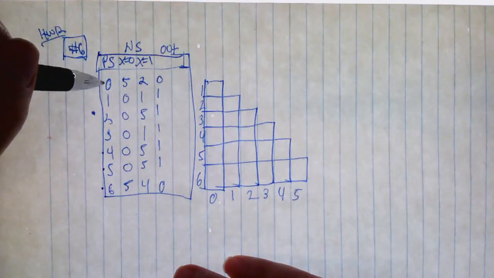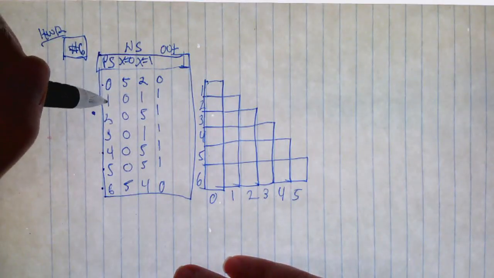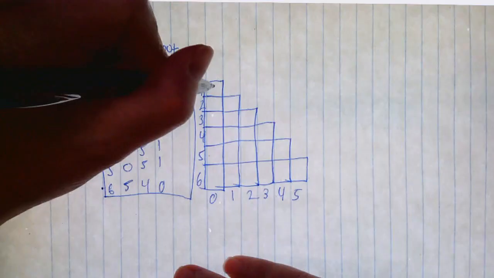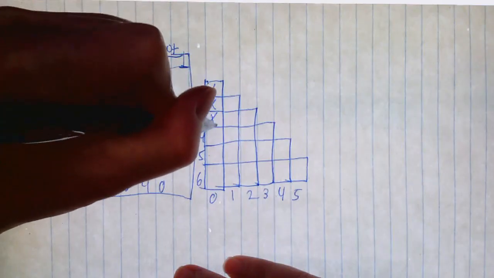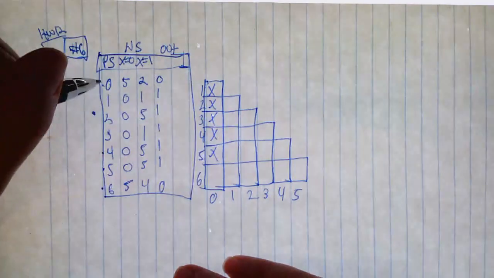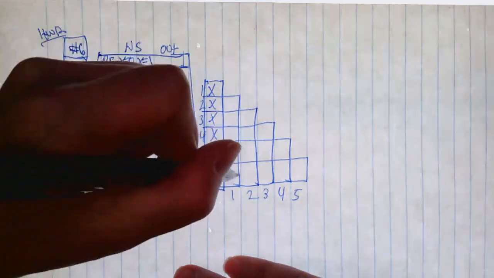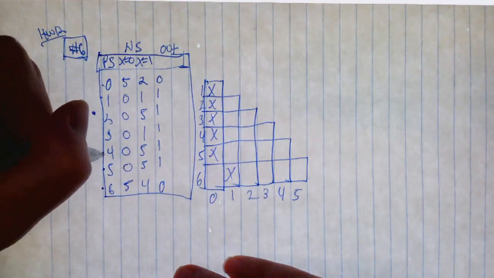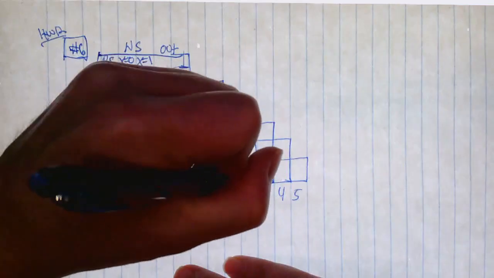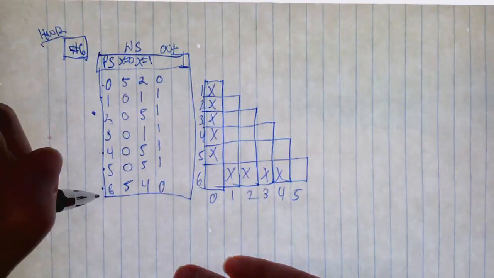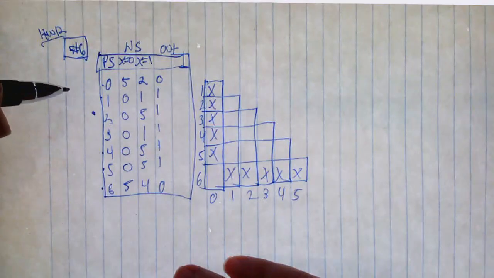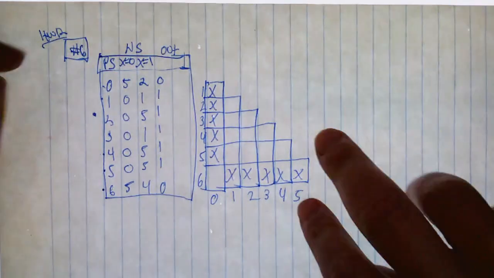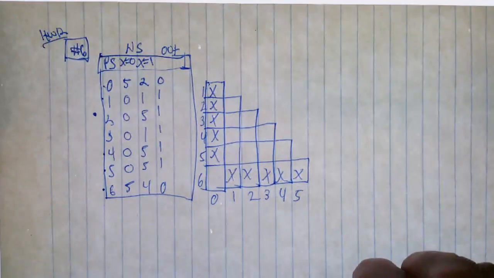And now we know that 0 is different from 1 through 5. 1 is different from 6. 2, 3, 4, and 5 are all different from 6. And that's the trivial differences.